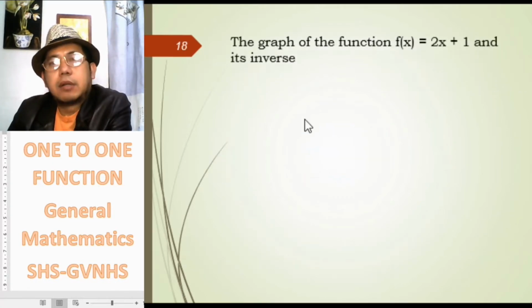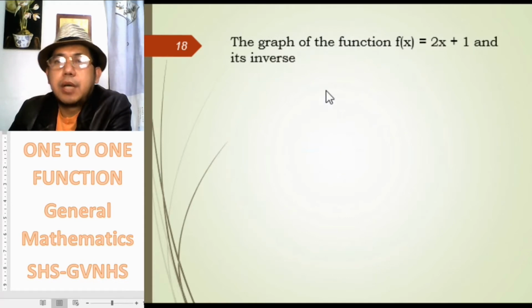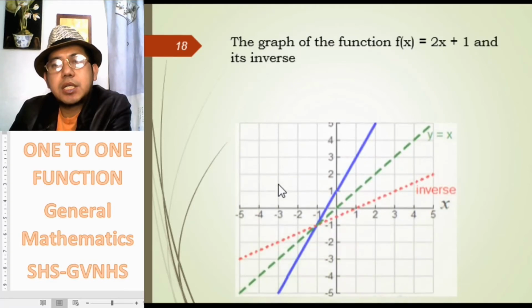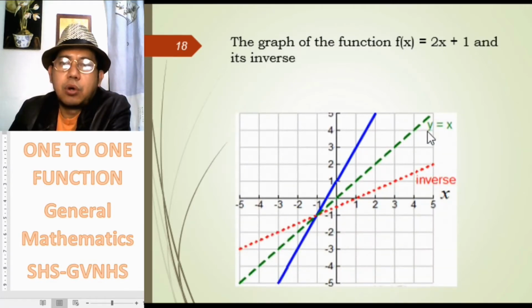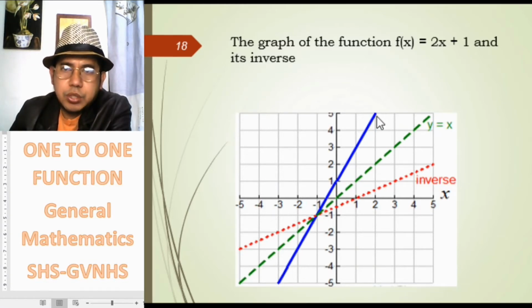Having said that, we have another one in here. The graph of the function f of x is equal to 2x plus 1, and its inverse. So I have here the graph of the original function, the blue one, which is f of x equal to 2x plus 1.